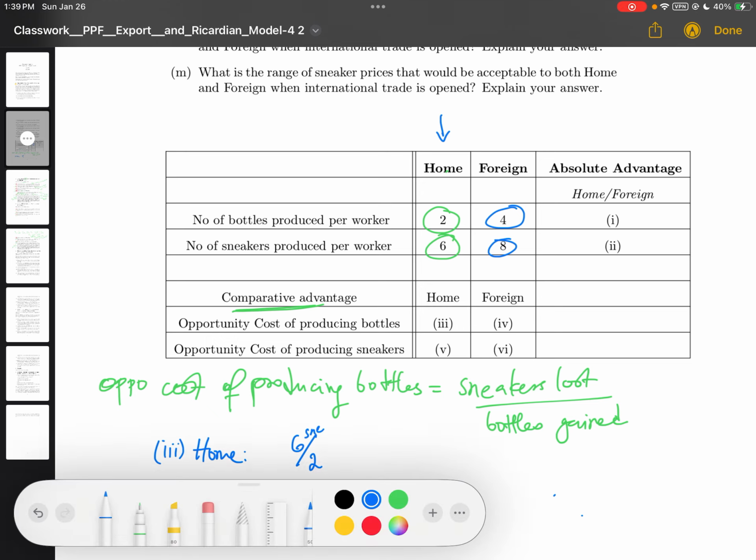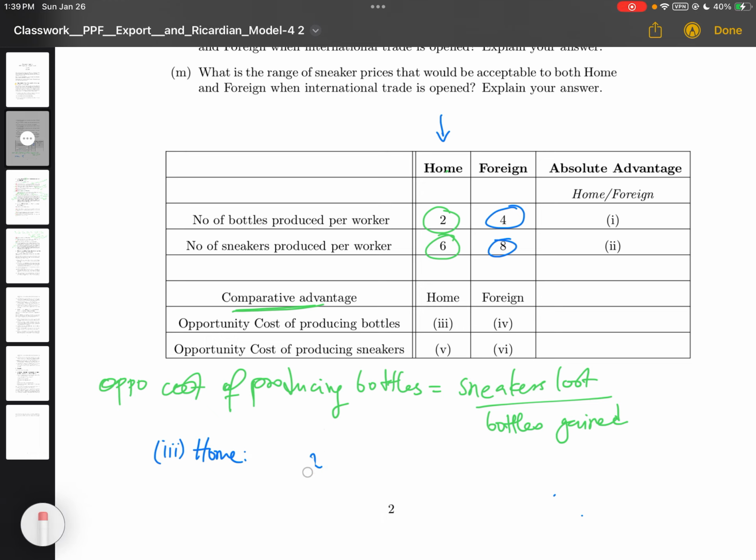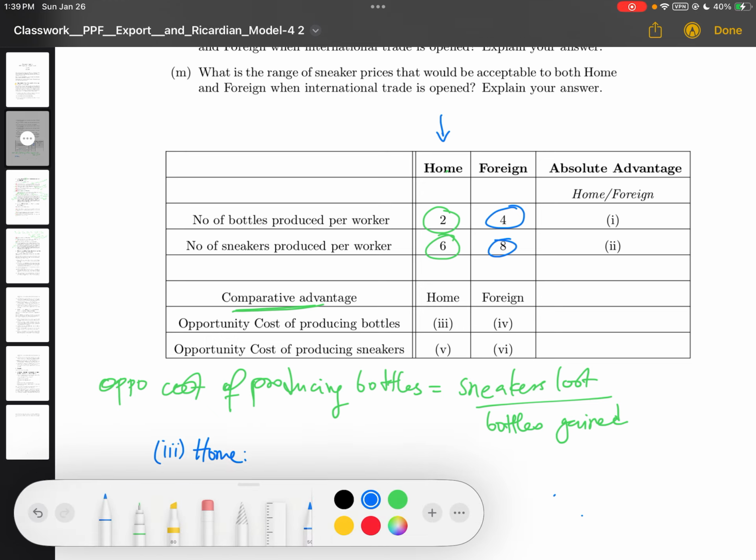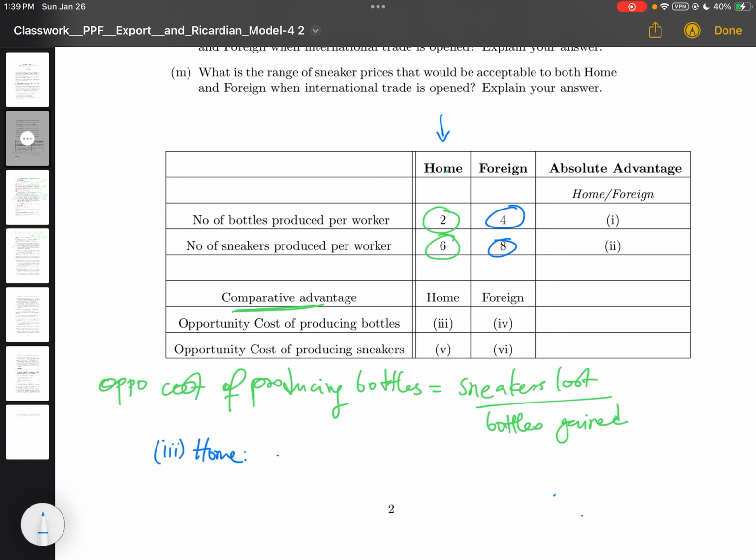Let me do this better. Let's erase that and try again. Okay, so this is 6 sneakers lost over 2 bottles gained, and we do the calculation, 2 into 6, 3.